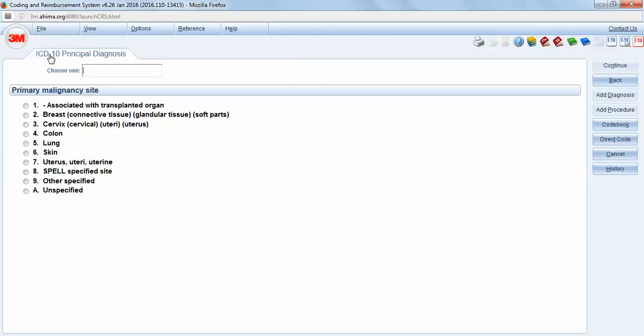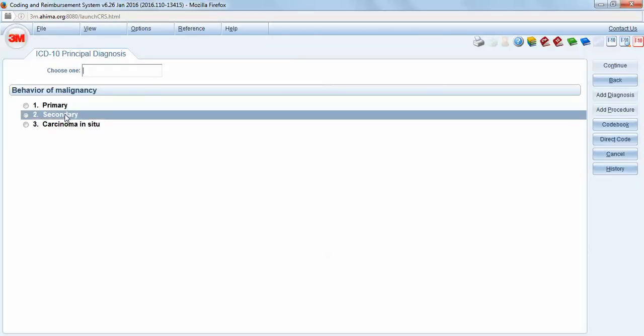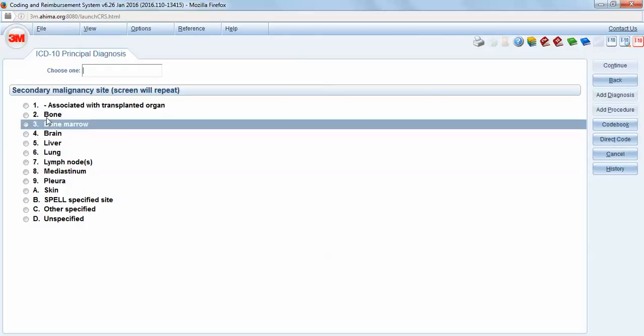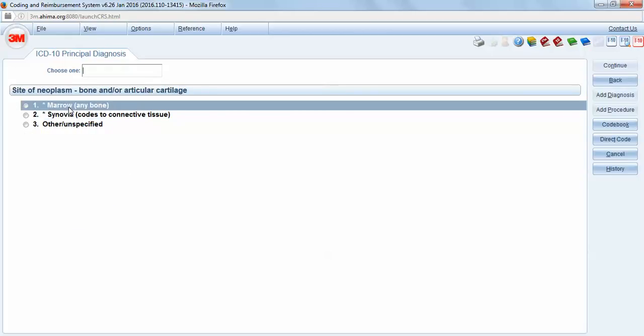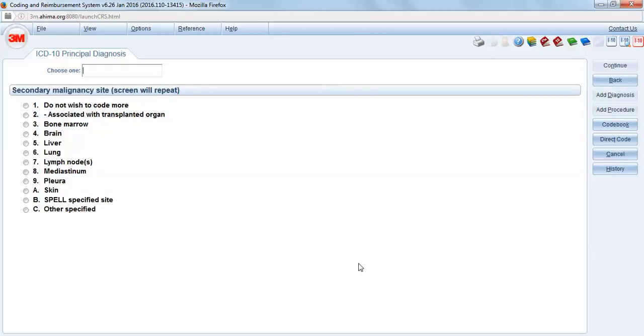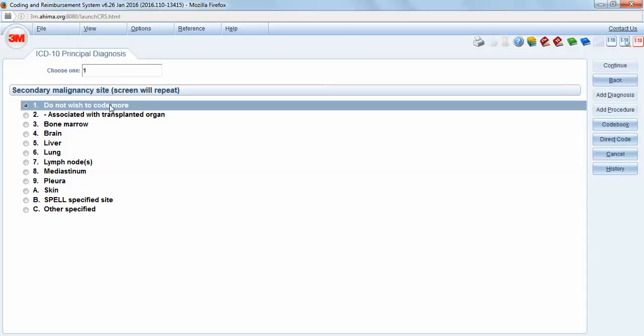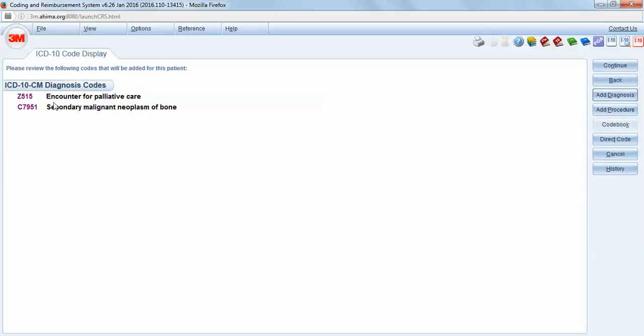And we're going to go back. We're going to say that it's secondary. And we're going to say that it's bone. Okay? It's not going to be in the marrow or the synovia. We're just going to say other and unspecified. We don't want to code another malignancy site. Okay, so now we've got our encounter for palliative care and we've got our secondary malignant neoplasm of the bone.